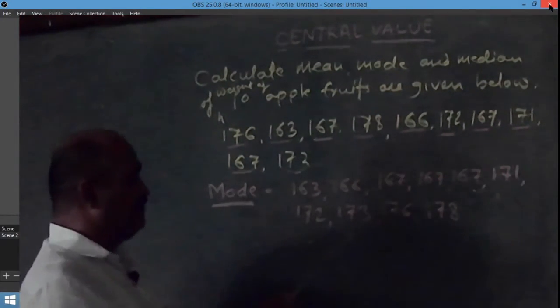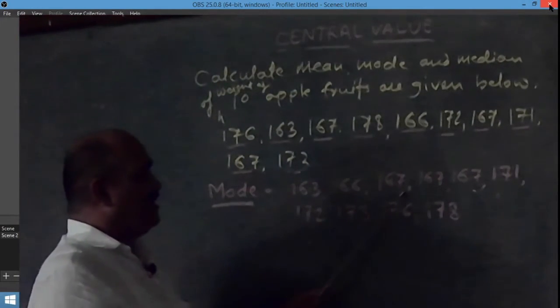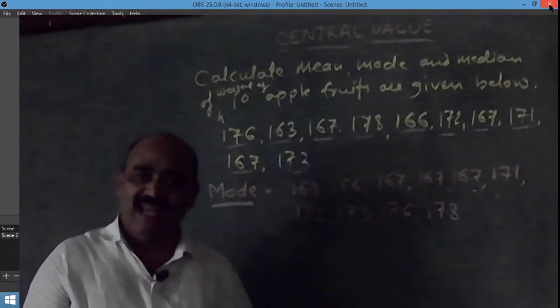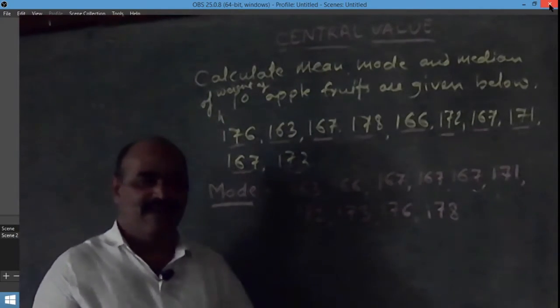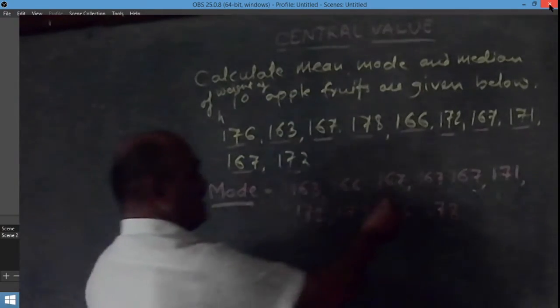That means 167 comes three times in your data. So the mode of our data is 167.